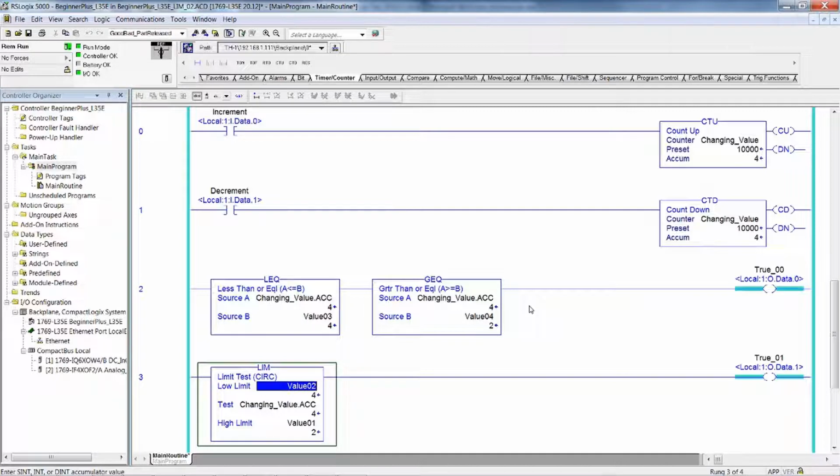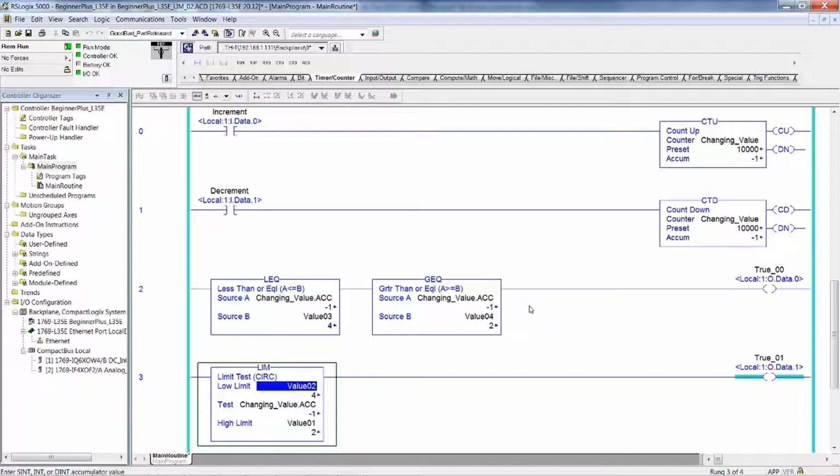When we get to 4, both of them are on. When we get to 3, now true 0 is on and true 1 is off. 2, they're both on. 1, true 0 is off and true 1 is on. At 0, true 0 is off and true 1 is on.